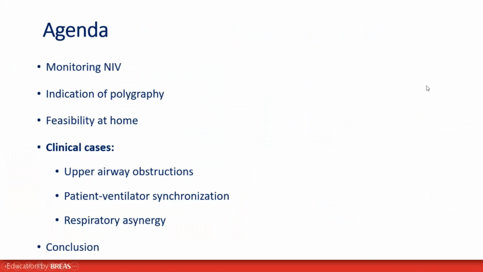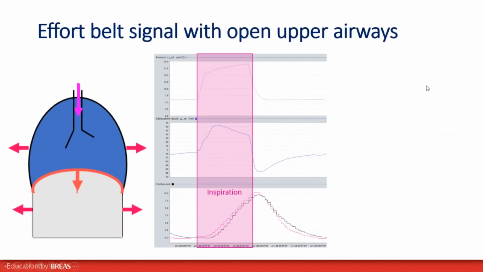So let's see some cases. Just to remind you what the signal will look like when the upper airways are open. As you know, the diaphragm is the main inspiratory muscle.